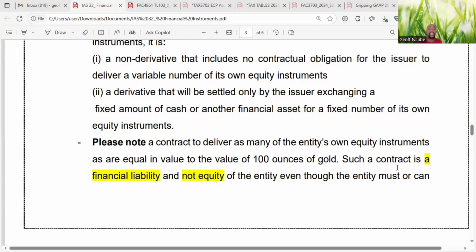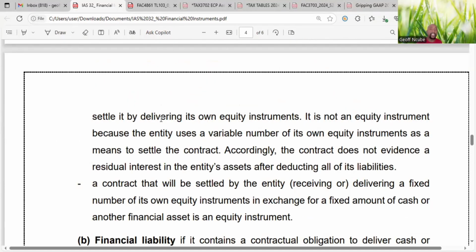Such a contract is a financial liability and not equity of the entity, even though the entity must or can settle it by delivering its own equity instruments. It is not an equity instrument because the entity uses a variable number of its own equity instruments as a means to settle the contract. Accordingly, the contract does not evidence a residual interest in the entity's assets after deducting all of its liabilities.